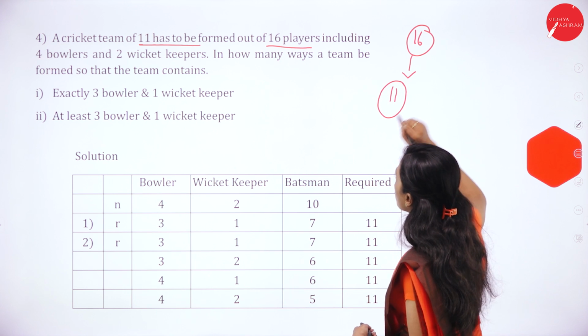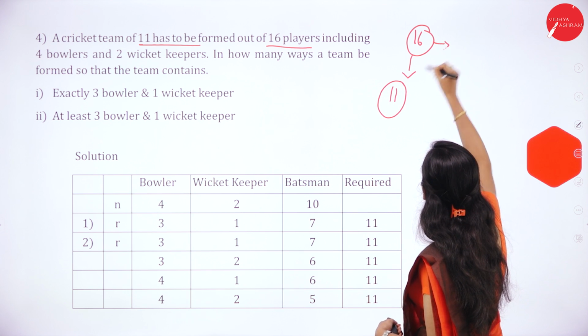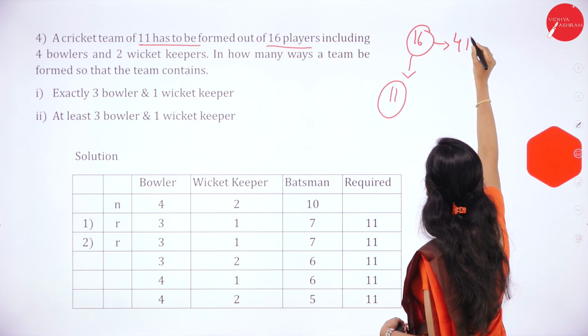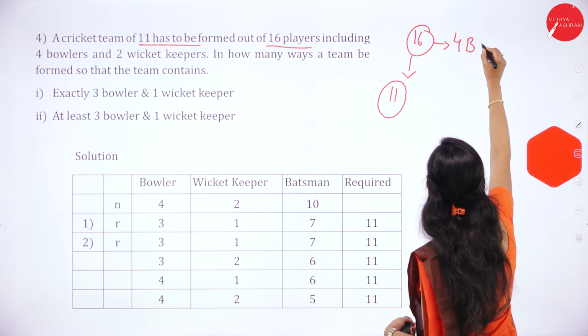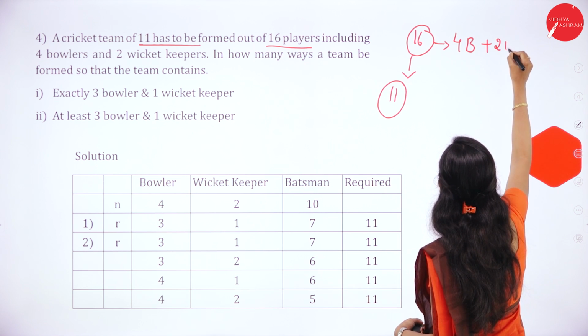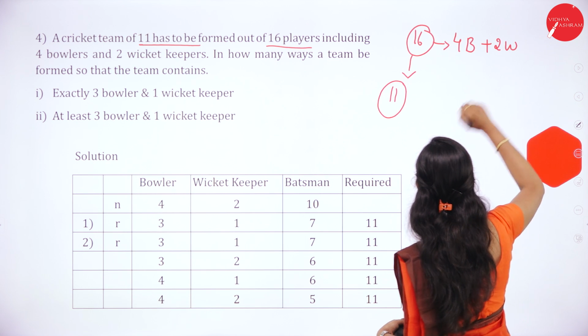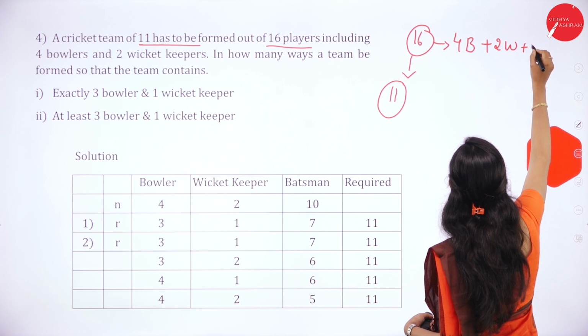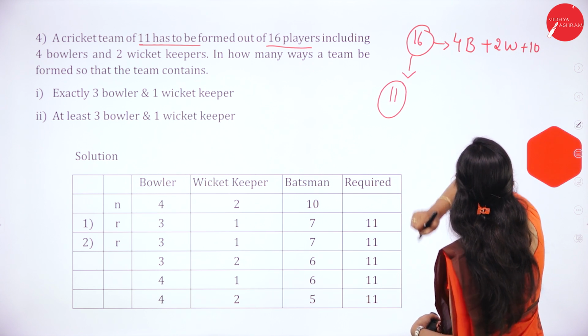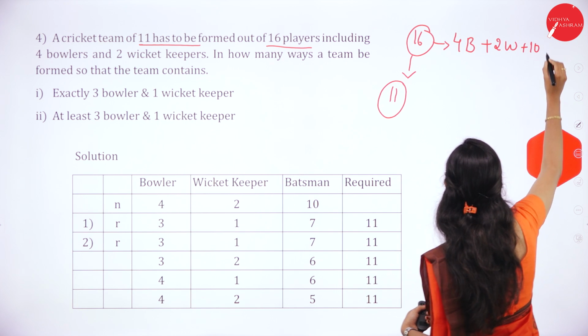The 16 players include 4 bowlers and 2 wicket keepers. So the remaining players will be 10. They are called batsmen.